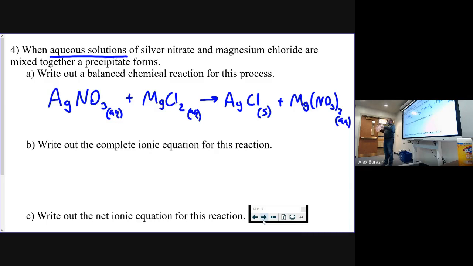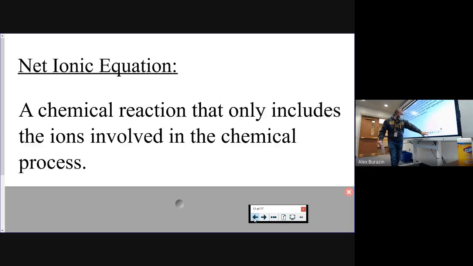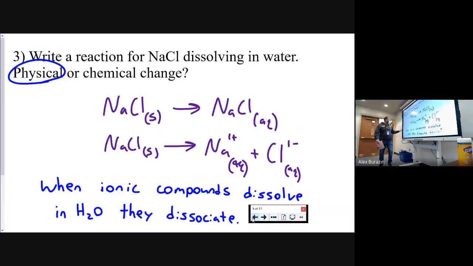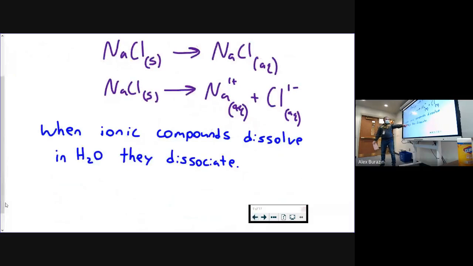It exists as separate Ag1 plus cations and separate NO3 1 minus anions. They're dissociated. All ionic compounds, what did we write? We wrote something important. Where was it? When ionic compounds dissolve in water, they dissociate. That's absolutely true. So let's take all of our ionic compounds that are aqueous, and let's break them in half. Let's dissociate them in our chemical reaction.